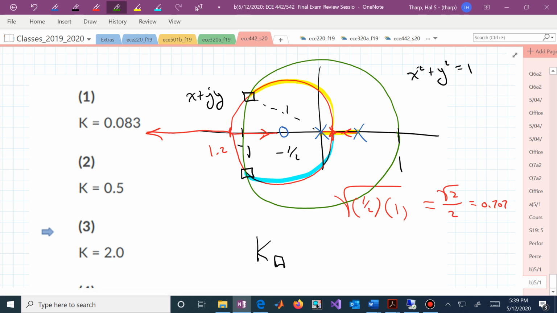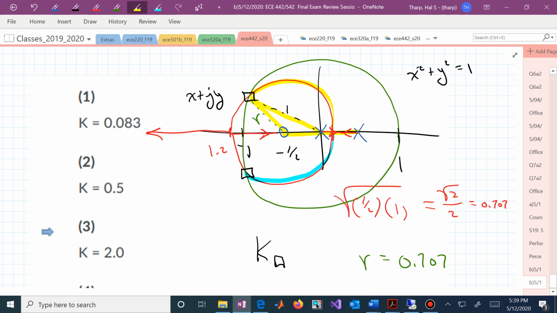We also know that this distance was our radius r, and r was 0.707. So we can now find that using the law of cosines if we wanted to. We don't have any right angles, that's why we're using the law of cosines.